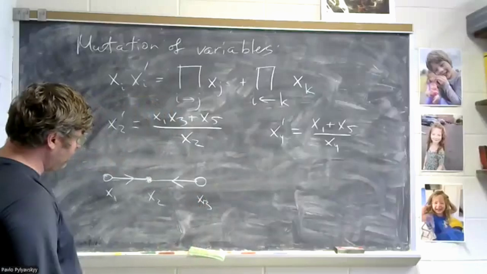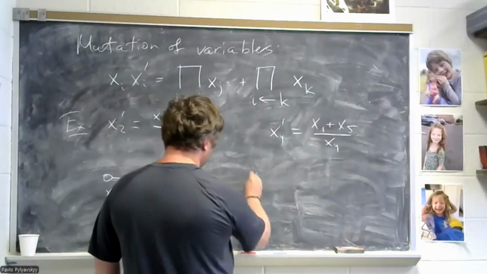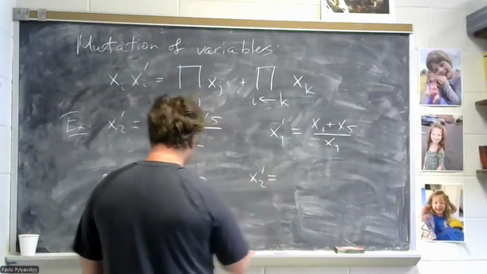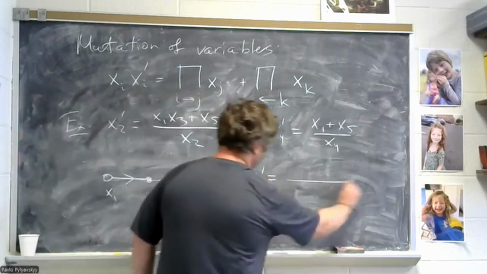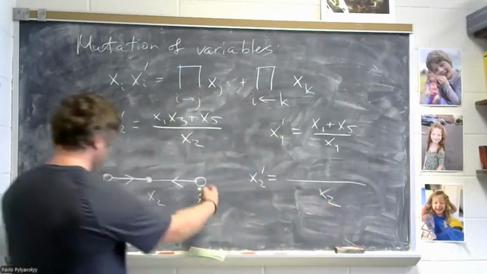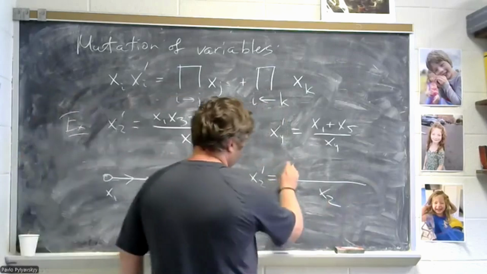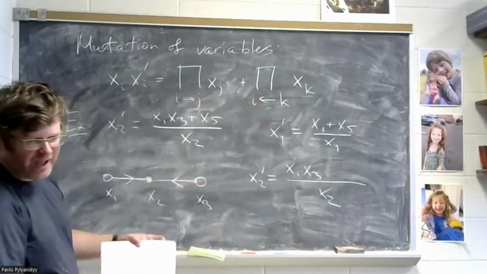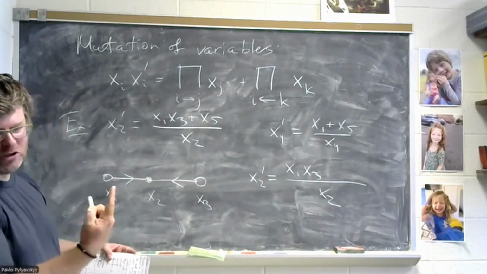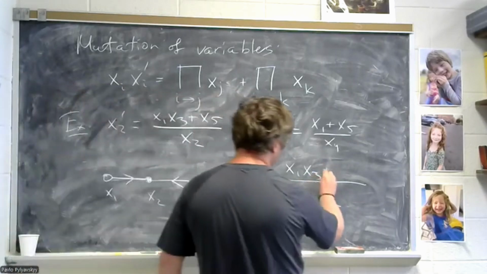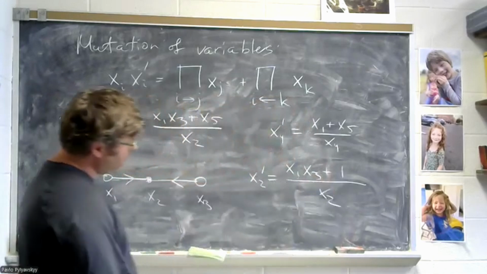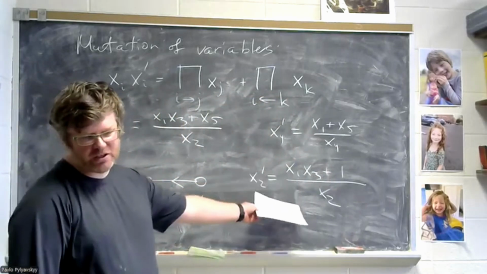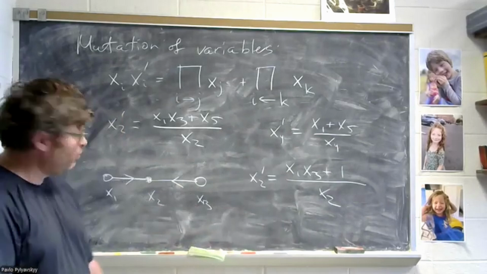What would the rule tell us? It will tell us that x2 prime is equal to, well, we divide by x2, incoming arrows x1, x3, outgoing arrows empty. Empty product is 1. So plus 1. And that's exactly what we were doing last time.